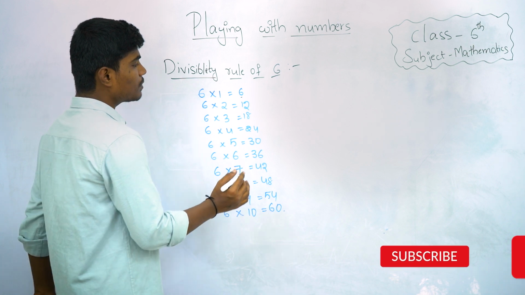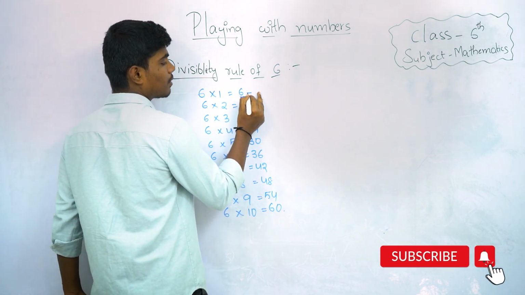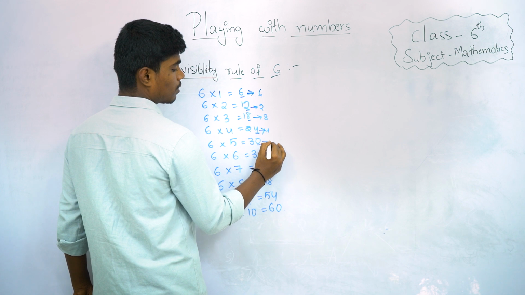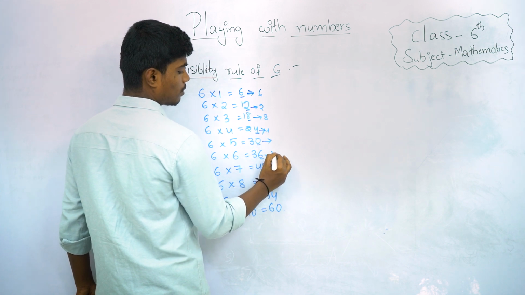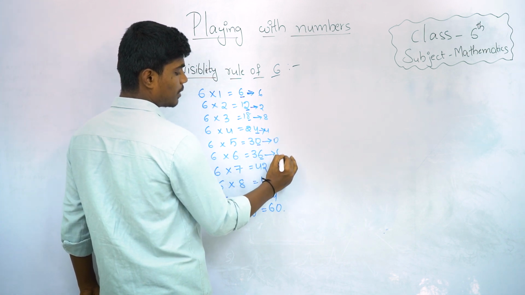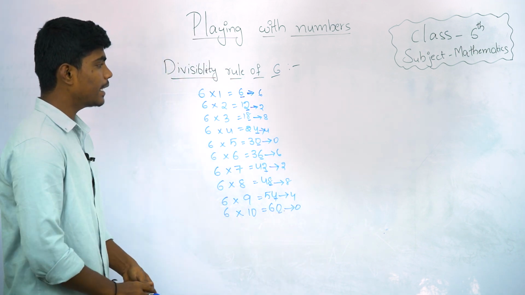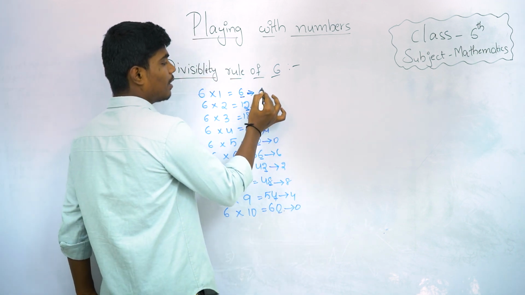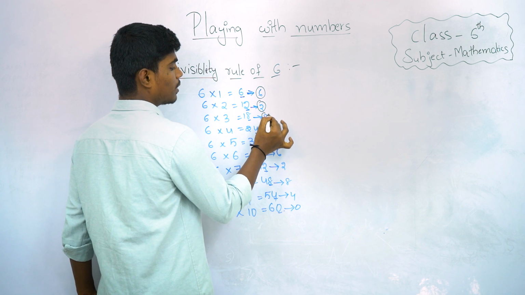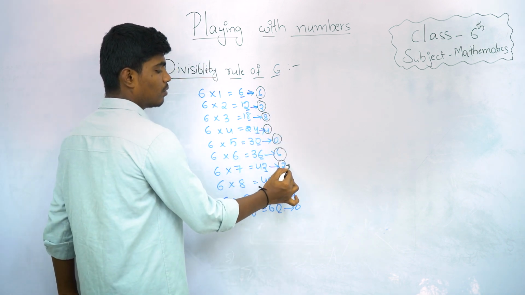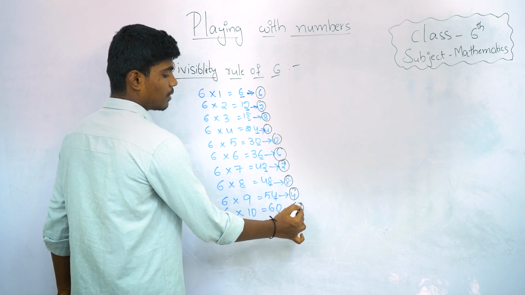See here, if you check the ones place, the digits are 6, 2, 8, 4, 0. 6, 2, 8, 4, 0.